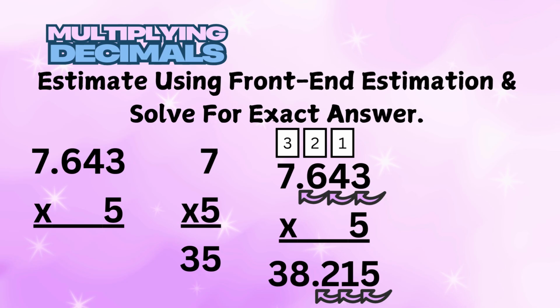Of course, I start multiplying the 5 by the 3 to get 15. I put the 5 down in the answer and regroup the 1. Then I move to 5 times 4, which is 20. But remember to add in the 1 that I regrouped to have a total of 21. The 1 will go down in my answer and I will regroup the 2.